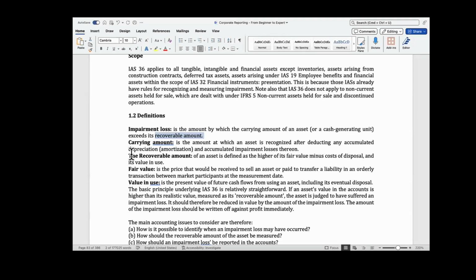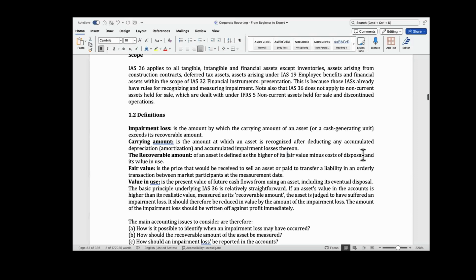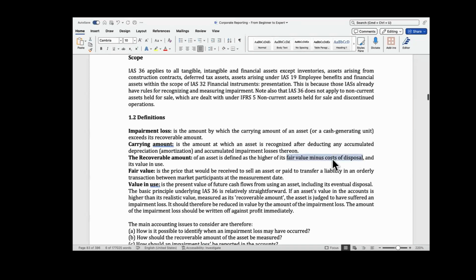And that is why the definition here for recoverable amount is that it is the higher of the fair value minus the cost to sell, which is like net realizable value, and its value in use. So the higher of the two is recoverable amount.